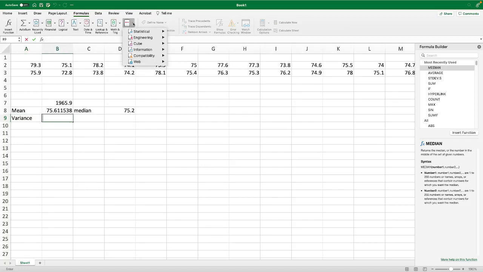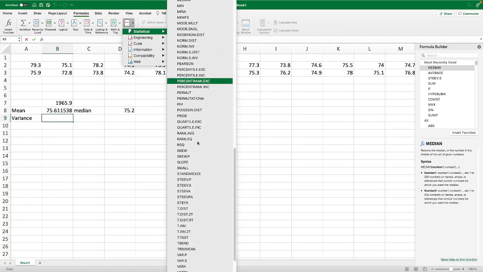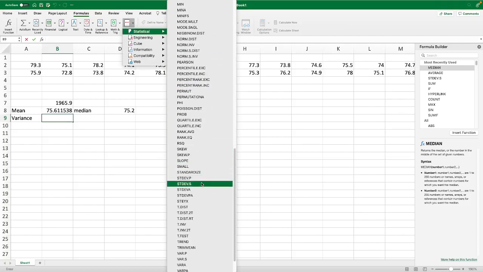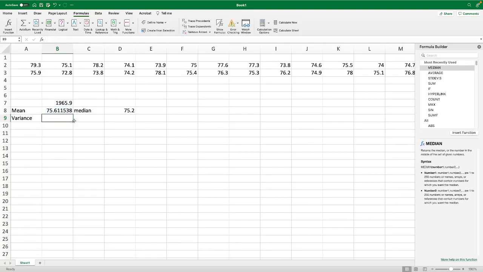Do they have variance? Usually what I do is I find the standard deviation of a sample, and then I square it, and that gives me the variance. But here's variance of a sample, so let's see if that works.